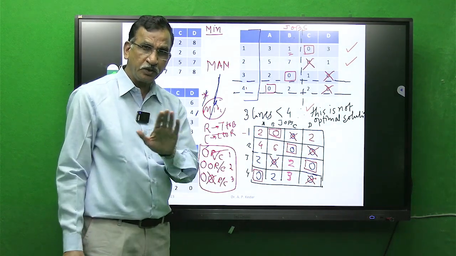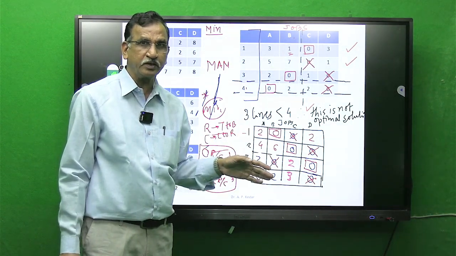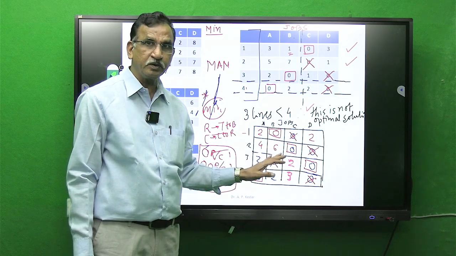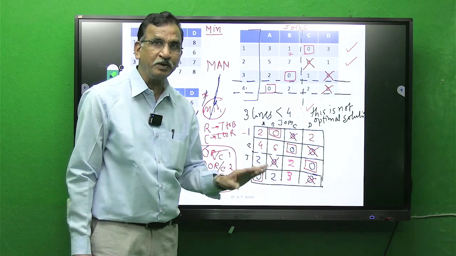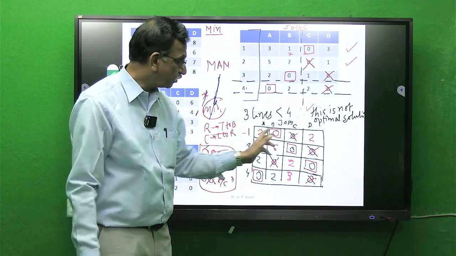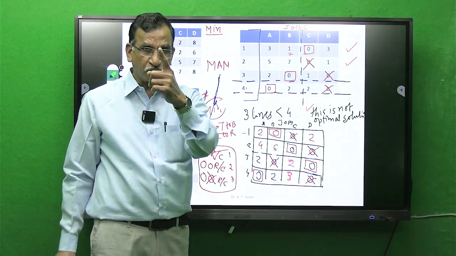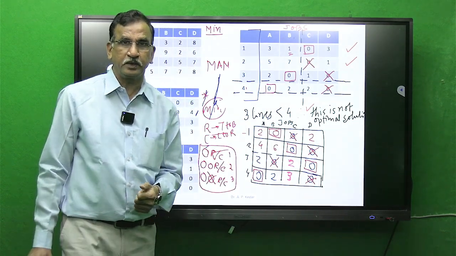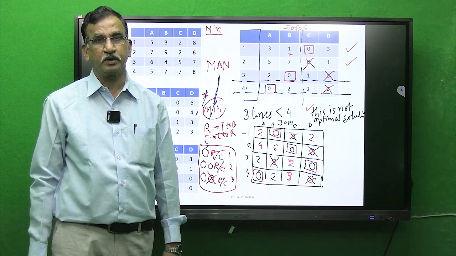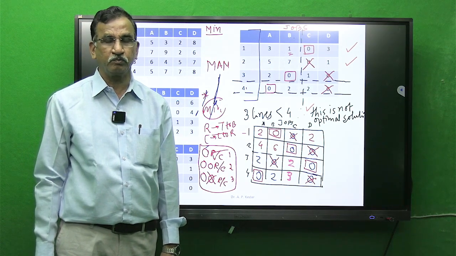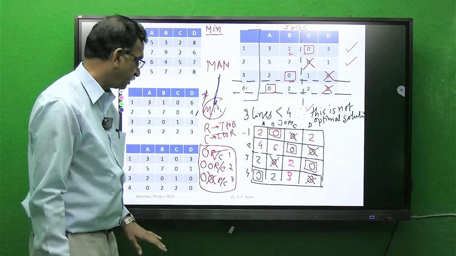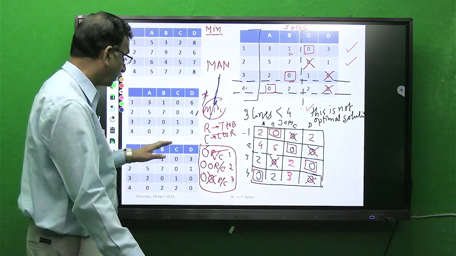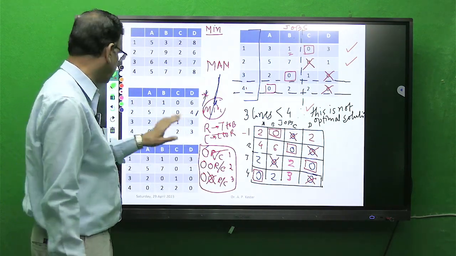Students, there is no need now to draw the minimum number of lines and all that, because the algorithm of this problem has terminated. Every row and column has got 1 assignment, and it is an assignment problem where each row and column will have a 1-to-1 assignment. The problem is over here. How to proceed further? How to interpret the result rather?